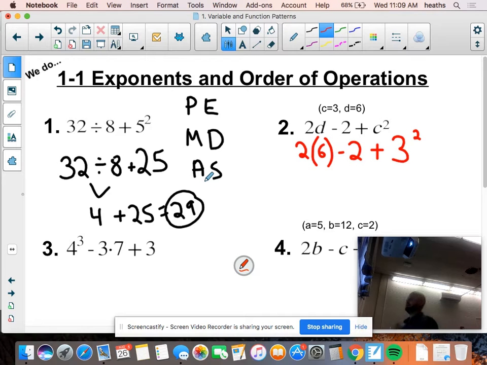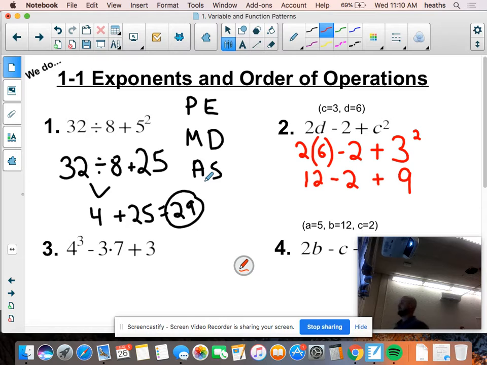We do have a parenthesis here, which is that 6. So we can do 2 times 6, which is going to be 12. But we also have an exponent, 3 squared, which means 3 times 3, which is going to give us 9.